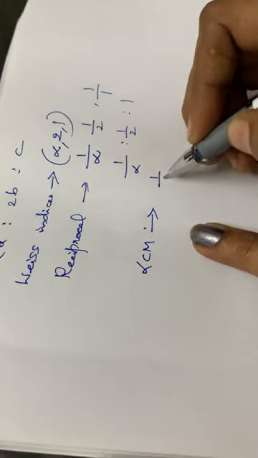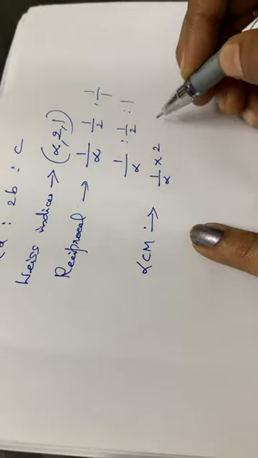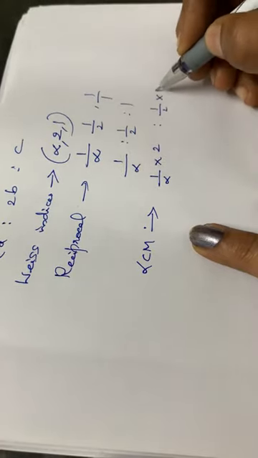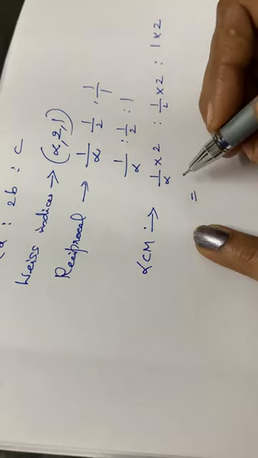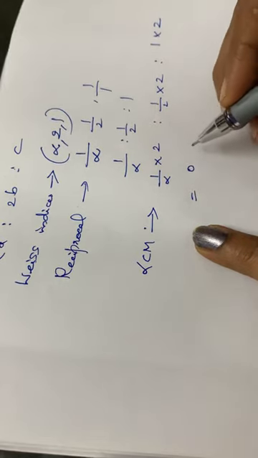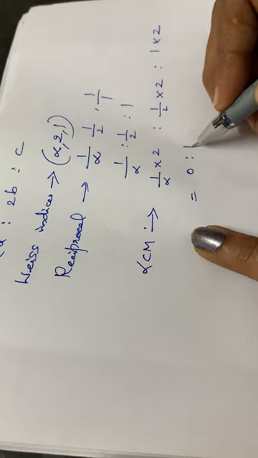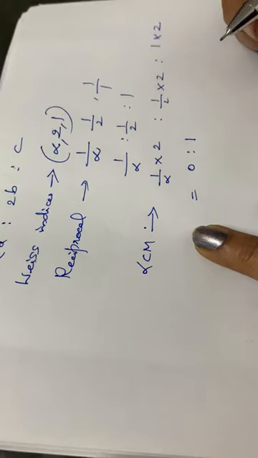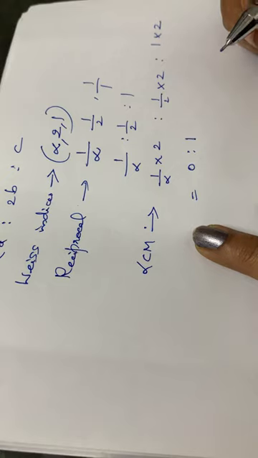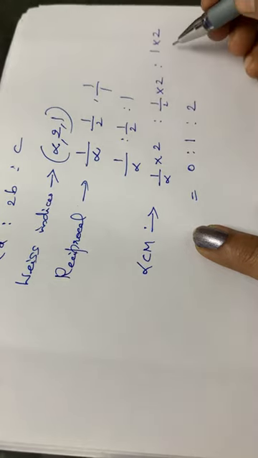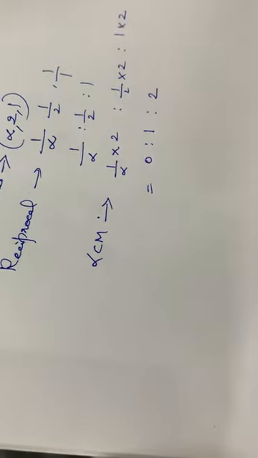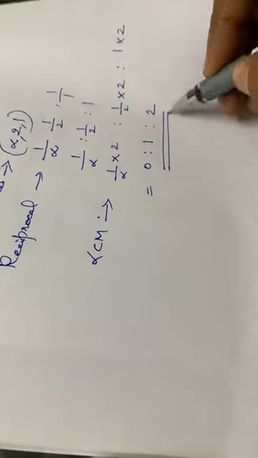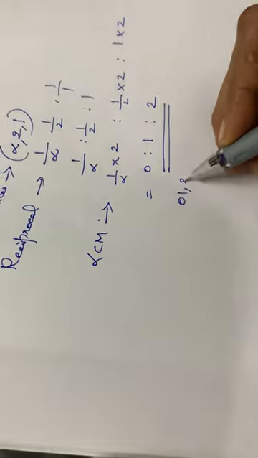So here it will be 1 by infinity into 2, again 1 by 2 into 2 is to 1 into 2. So here it will be equal to 1 by infinity is 0 into 2, again 0 is to 1, then here it will be 2. So 0, 1, 2. We got the Miller indices as 0, 1, 2.